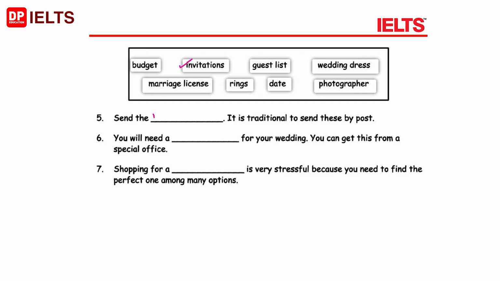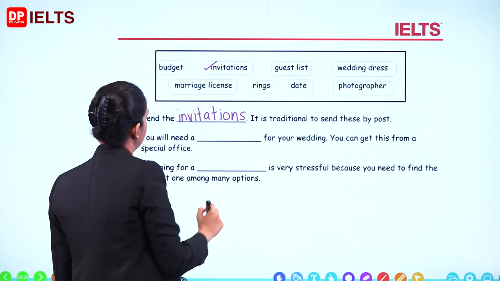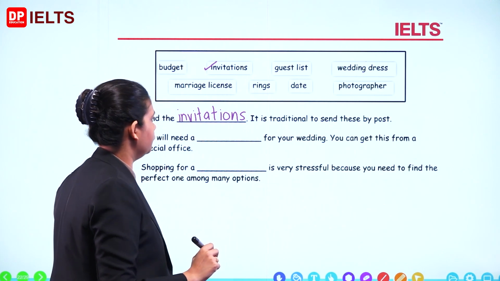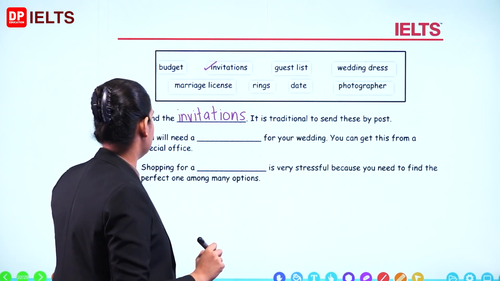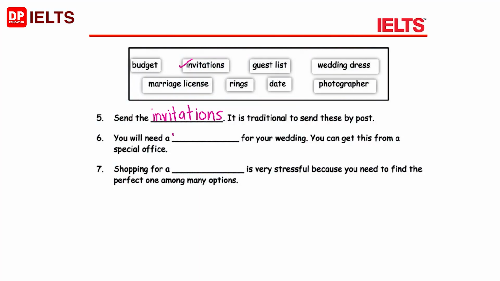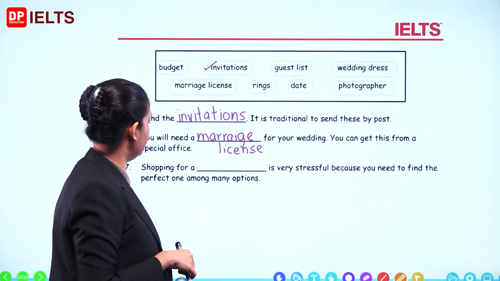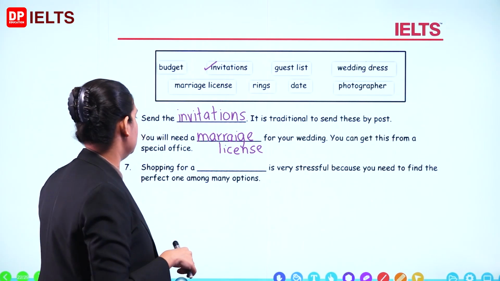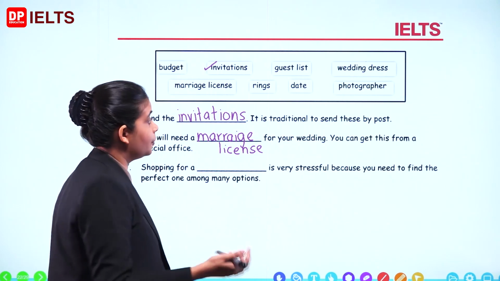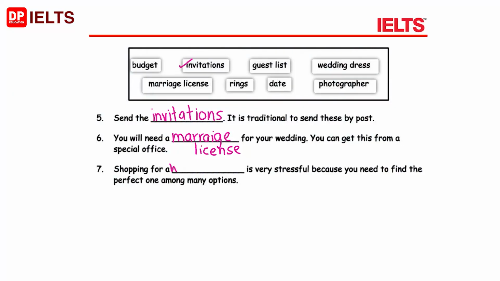Send the invitations. Next one, you will need a blank for your wedding. You can get this from a special office. Own a marriage license එකක්. Next one, shopping for a blank is very stressful because you need to find the perfect one. Shop කරන්න හරිම අමාරු මොකටද? Wedding dress.